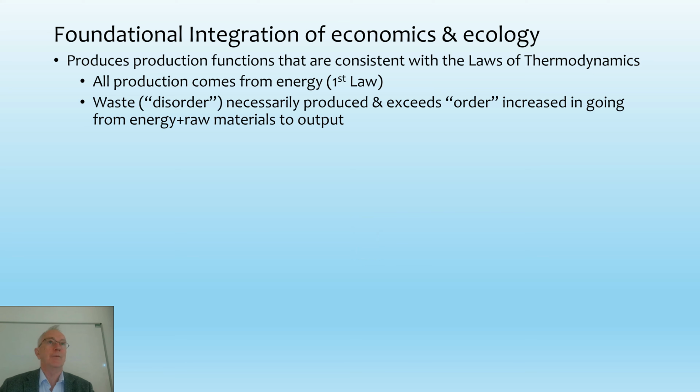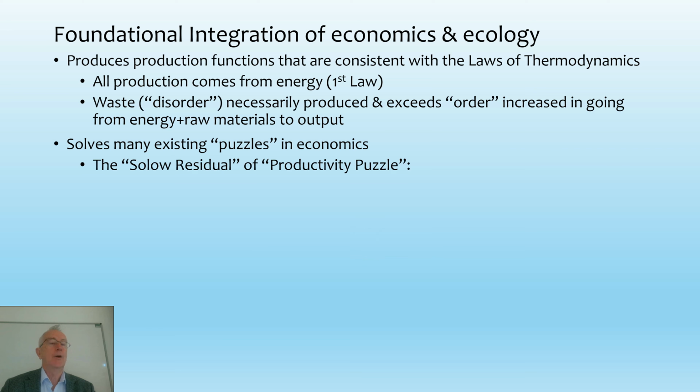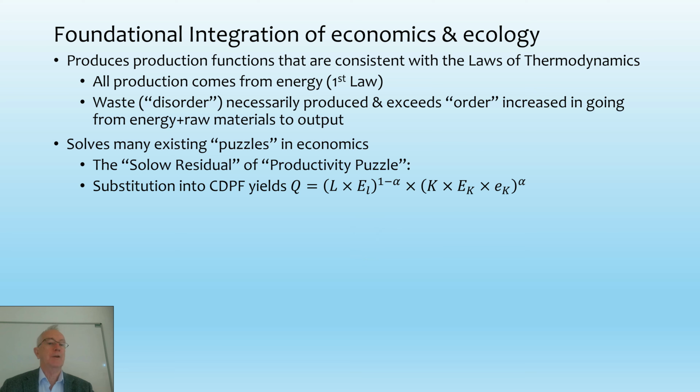We know that the energy converted into useful work must be less than the energy input. There's your first approximation for the waste. And we also know that because of the second law, there must be more disorder created than there is order. So the scale of the waste, measured in energy terms, has to be greater than the scale of the production. Okay. So we get rid of a whole range of puzzles by doing this as well.